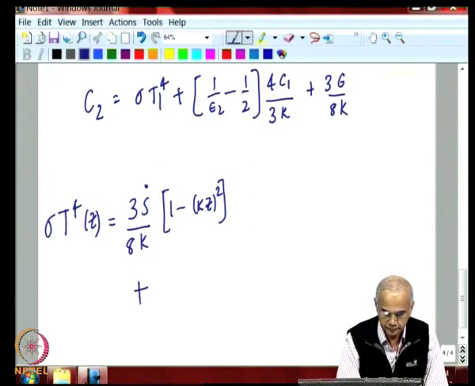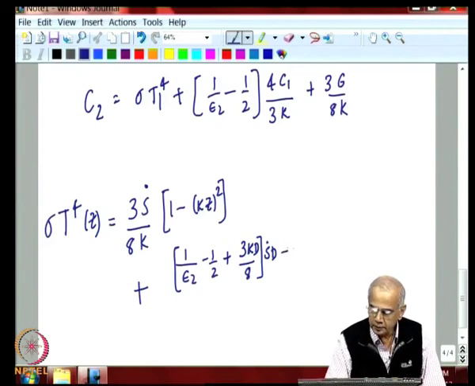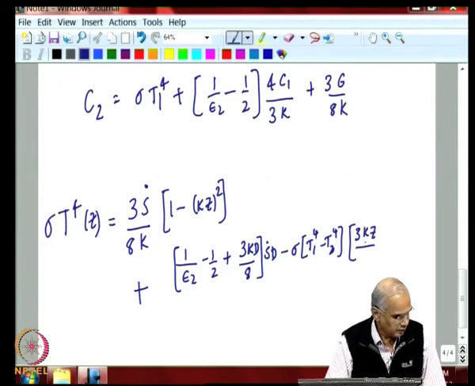So, plus 1 by epsilon 2 minus half plus 3 K D by 8 into S dot D minus sigma (T1 to the power of 4 minus T2 to the power of 4) into 3 K Z by 4 plus 1 by epsilon 1 minus half.